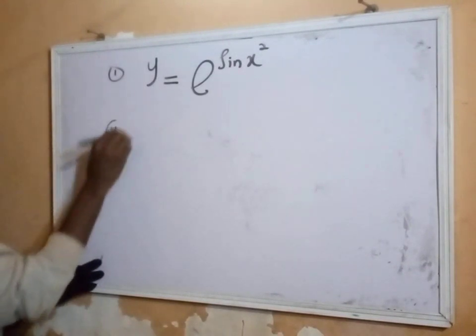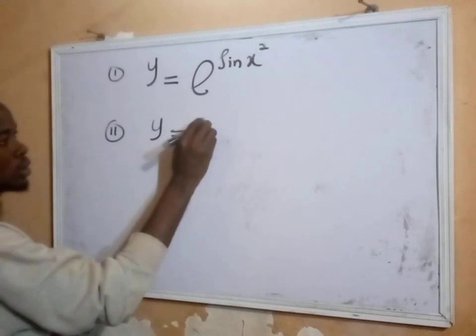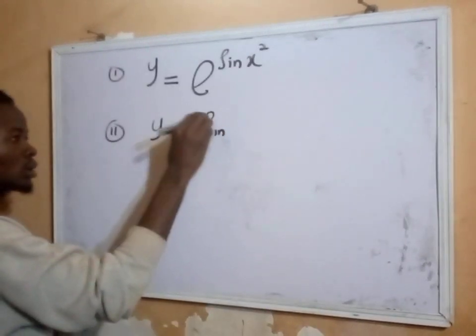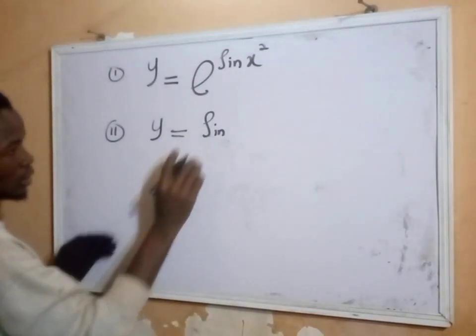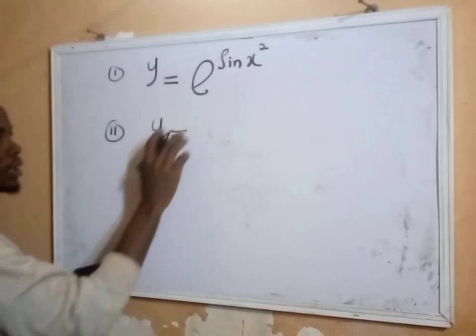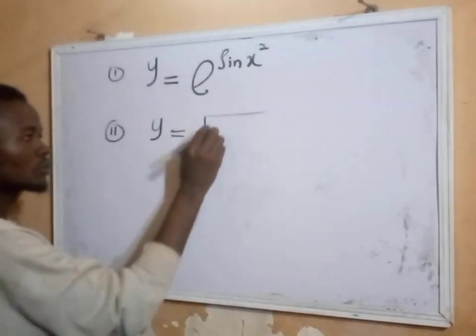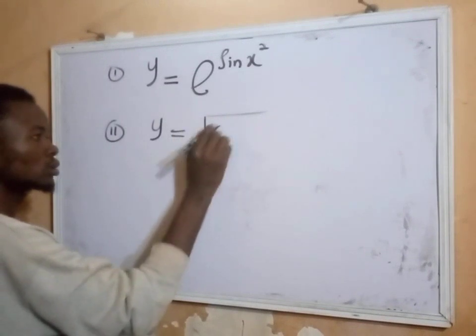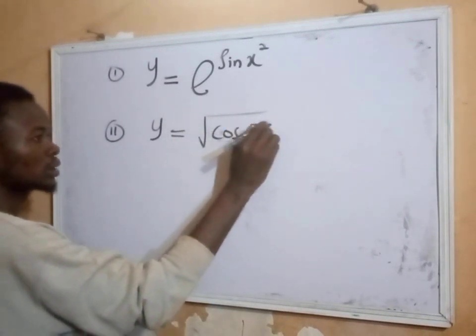The second one is, suppose you have y equals to sine. Okay, don't let me use sine, I think I've been using sine. I'm going to change the format to the root of cos x. I love sine.